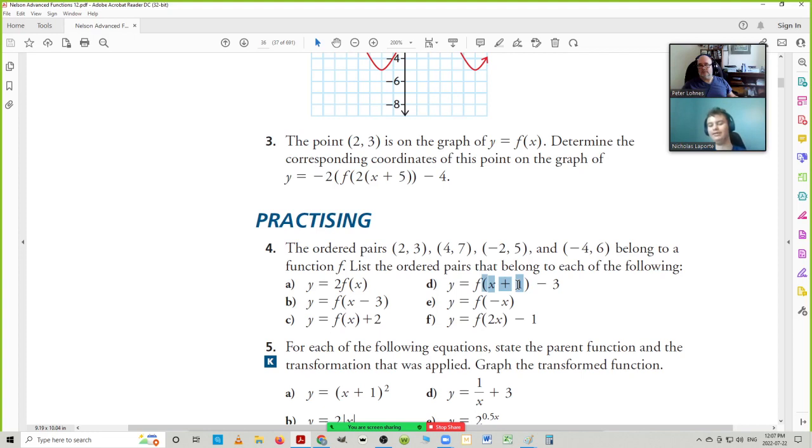Take all the x values and subtract 1. That's correct. And what would I do to all my y values? Subtract 3. So y's are easy. With x, you just constantly say opposite, opposite, opposite.